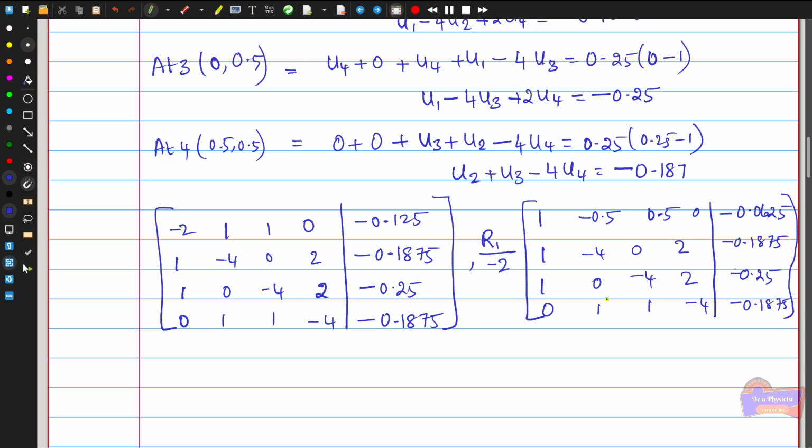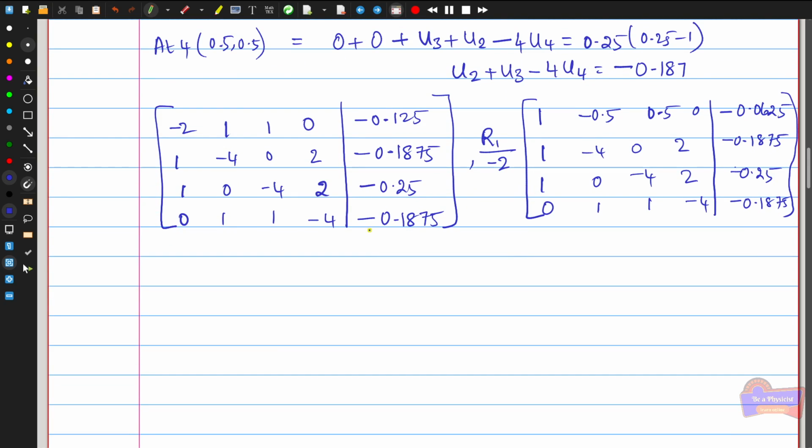Now if we want to make the first elements of the second and third rows 0, I can do the transformation r2 equal to r2 minus r1, and similarly r3 equal to r3 minus r1.